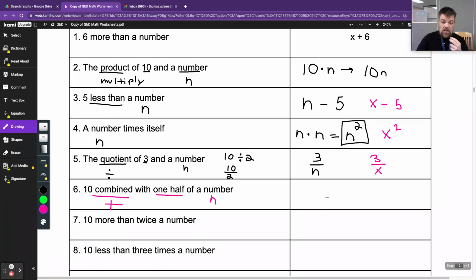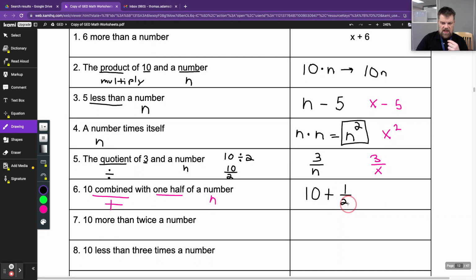Okay. So really what we're doing is we're saying 10 combined with, which would be added to 1/2 of a number.